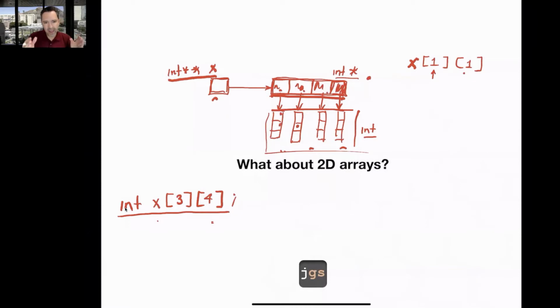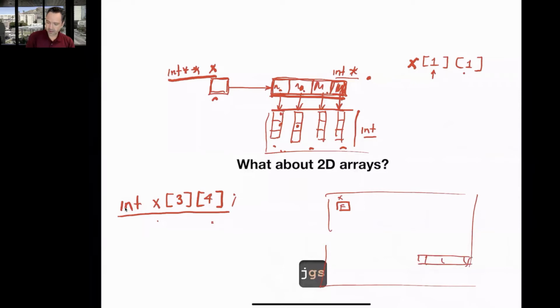Now, I am drawing this, trying to have this nice table, but really in the memory of your computer, what you have is this: this is the memory, probably this is X, and this X is storing the address of something that is here. And probably this first element has the address of something that is here.